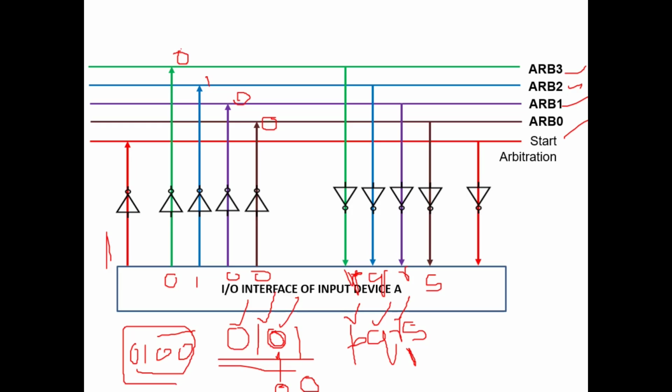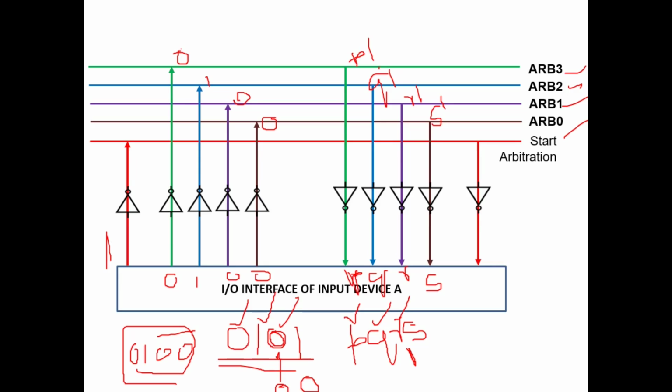Now again the arbitration line value becomes the logical OR of all the bits placed by different devices. I'll call that new value P dash, Q dash, R dash and S dash. This is the new arbitration value now, the logical OR of new IDs placed on the arbitration line.